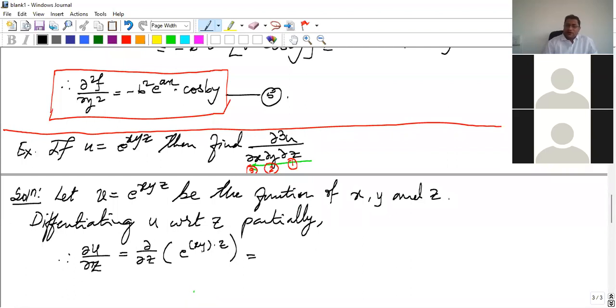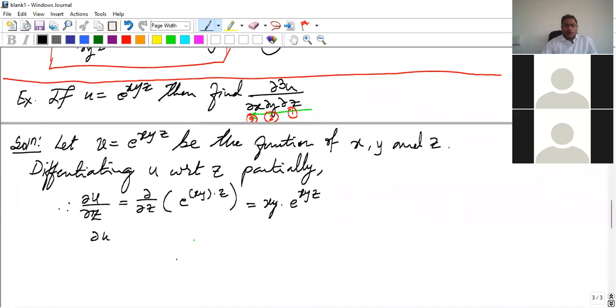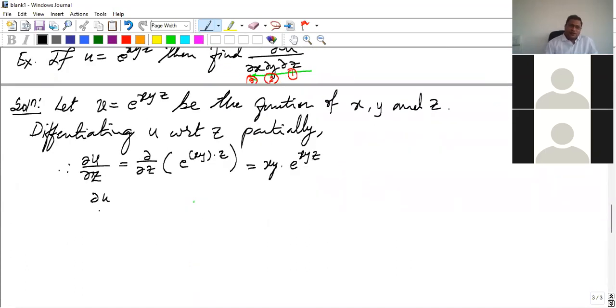This term remains as it is, and xy will come down, and then you will have e raised to xyz. Are you getting this derivative? Yes, sir. Okay, good. So ∂u/∂z is equal to x into y into e raised to xyz.